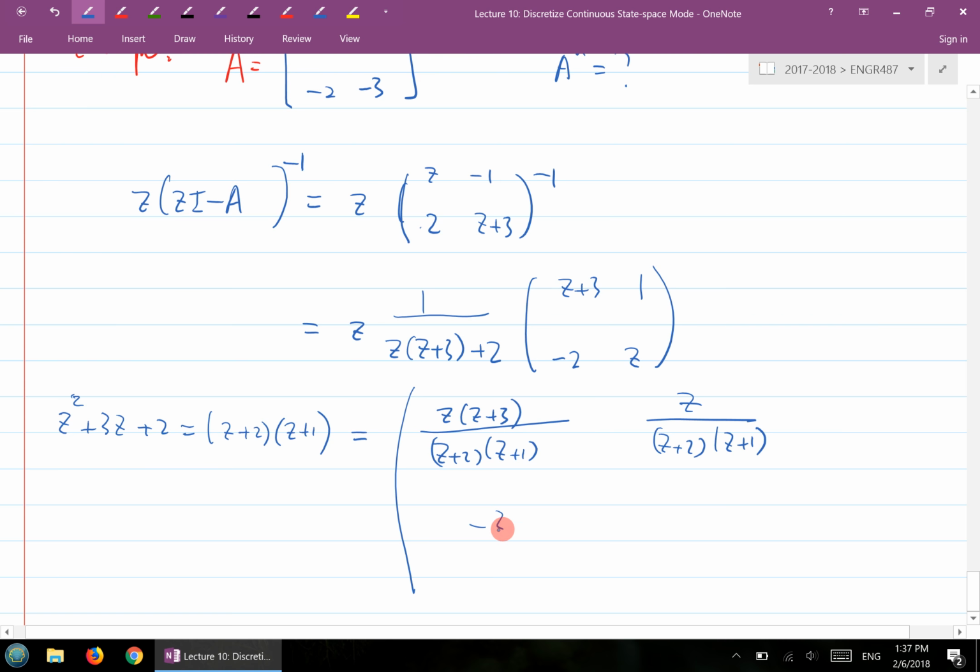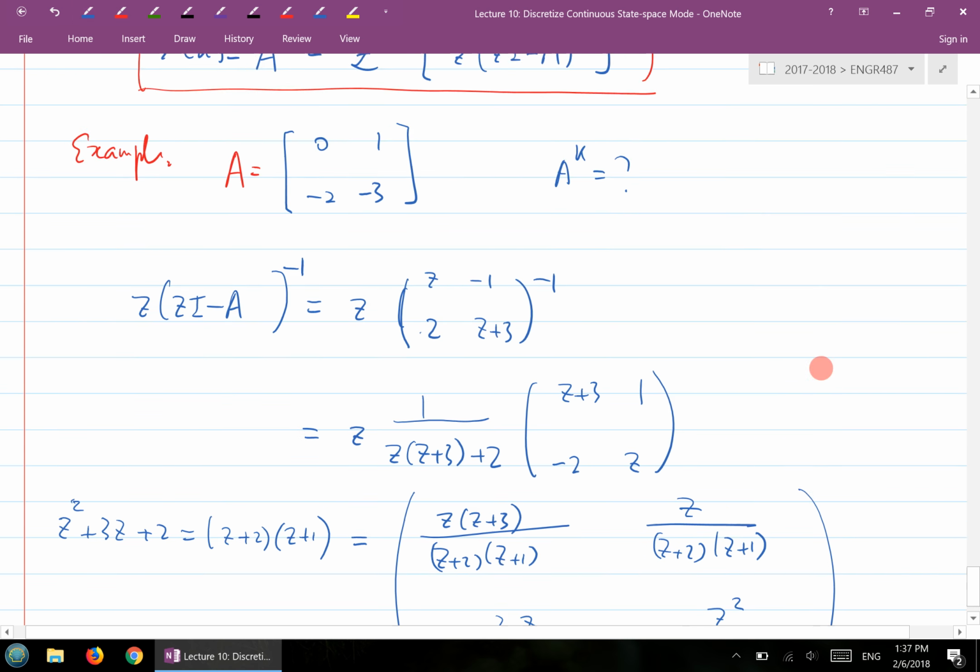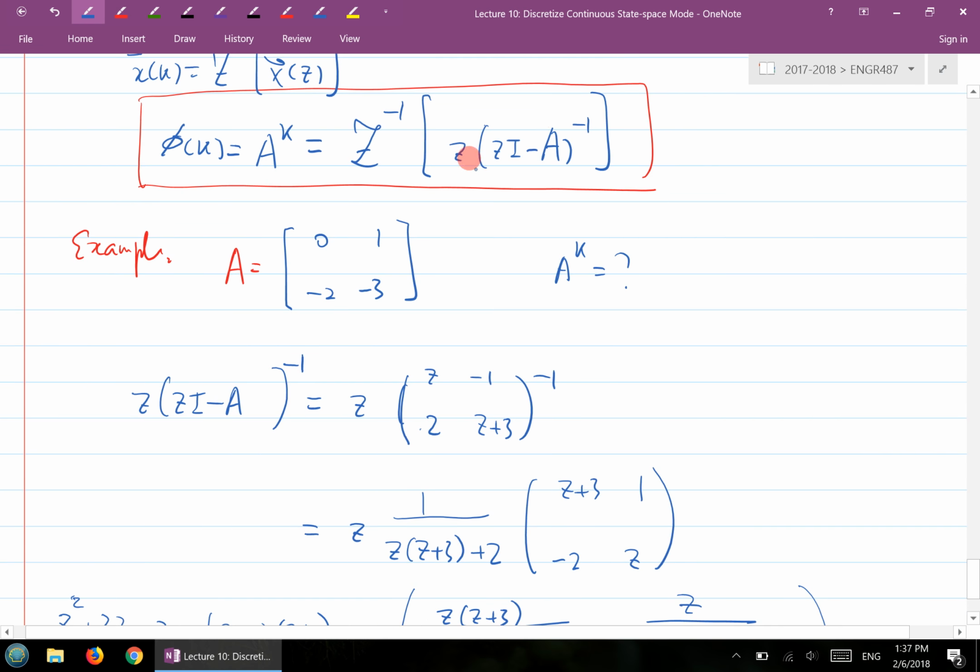Then here's negative 2 over (Z plus 2)(Z plus 1) times Z. Here you get Z times Z, so Z squared over (Z plus 2)(Z plus 1). This is basically what's inside this bracket.